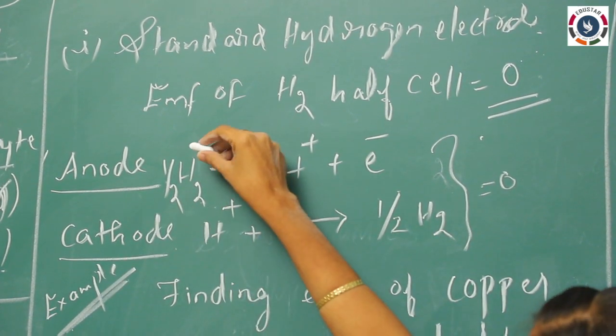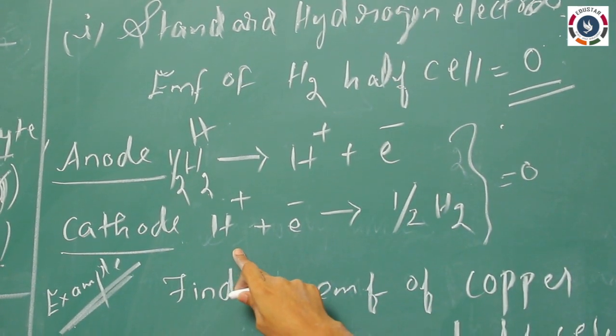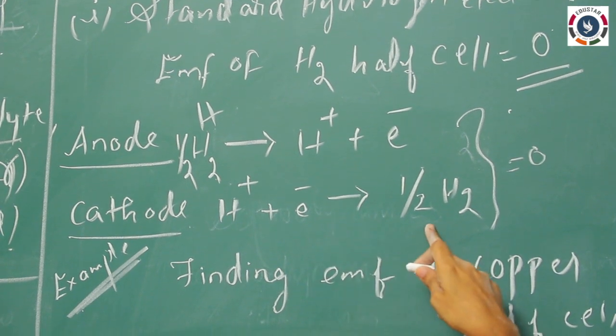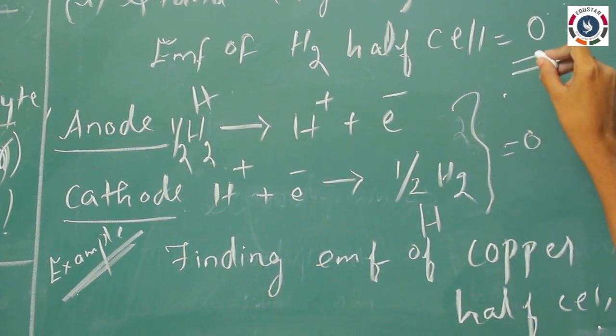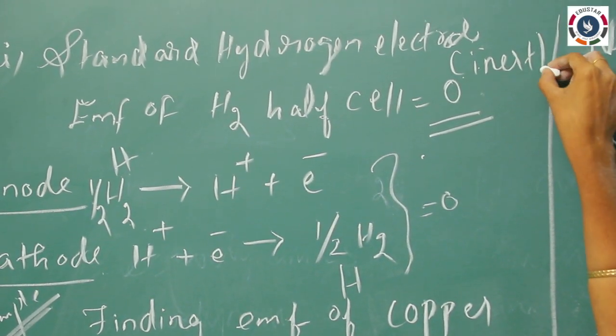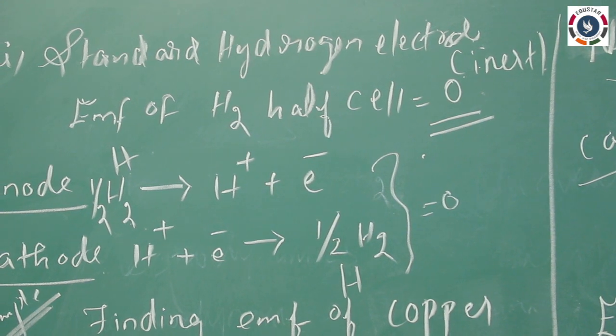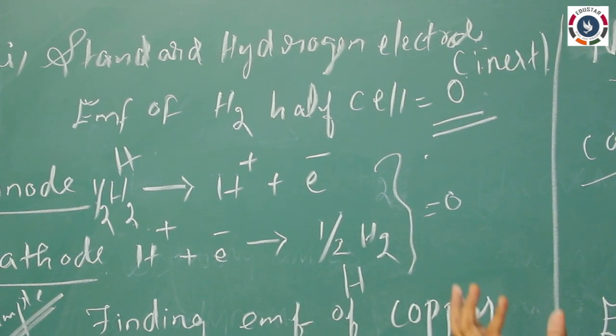Here half hydrogen means only one hydrogen atom. In the cathode, H+ ions gain one electron to become a single hydrogen atom. Remember, these hydrogen electrodes are usually inert electrodes. We call it an inert electrode because generally metals such as platinum or gold are used to generate the hydrogen.